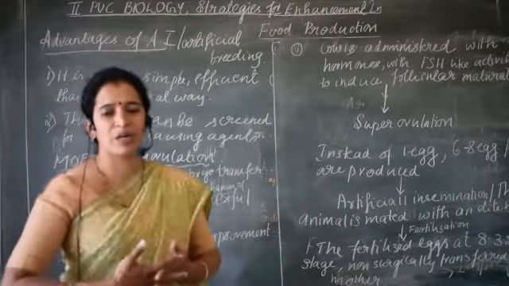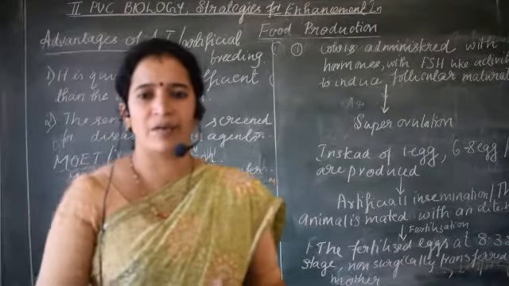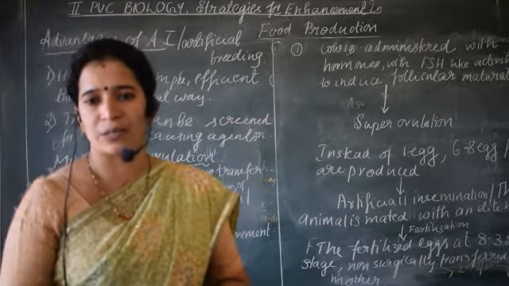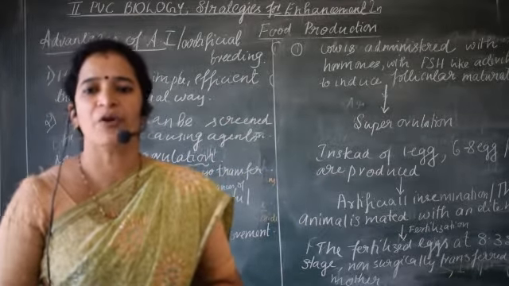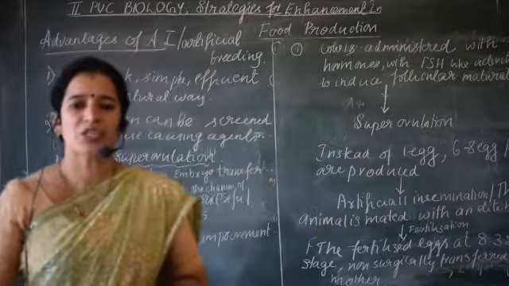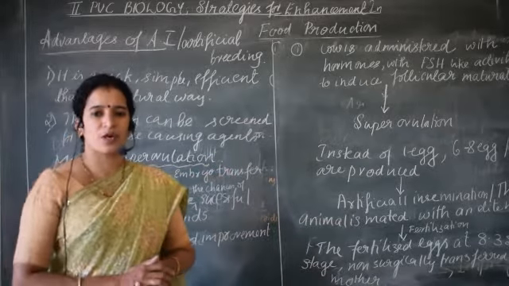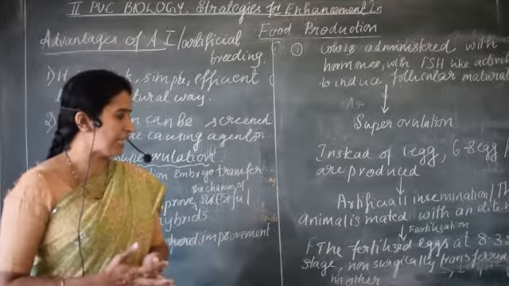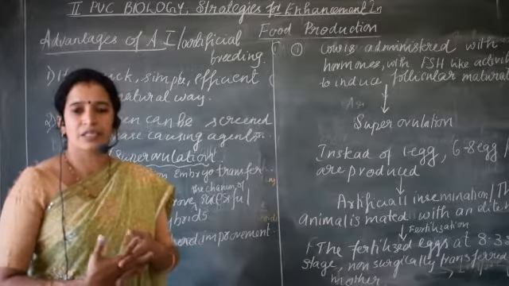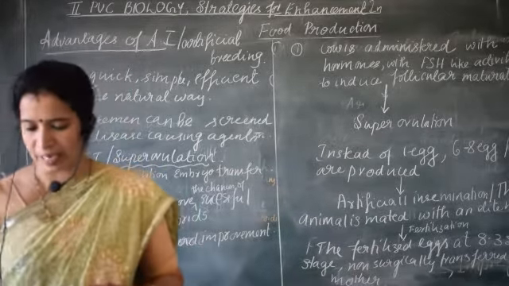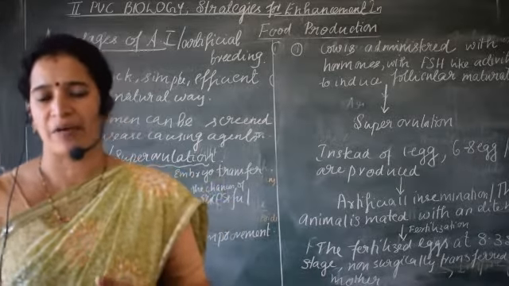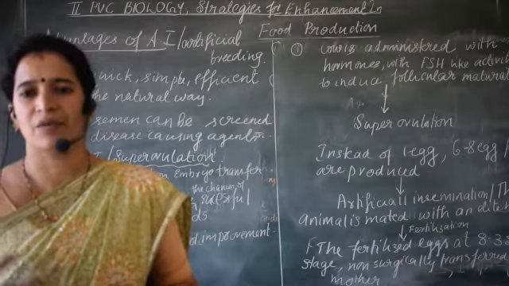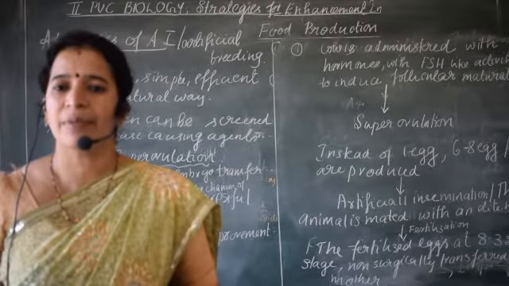One more advantage is that once the semen is collected, it can be screened for disease causing agents, because we have to ensure there is no chance of spreading disease causing agents. While collecting with vials, up to 500 vials of semen can be collected at once, and it can be screened.